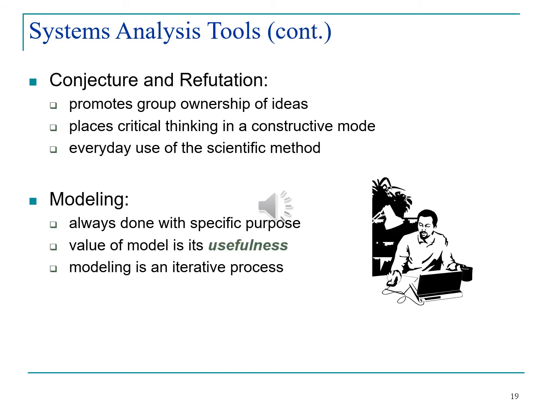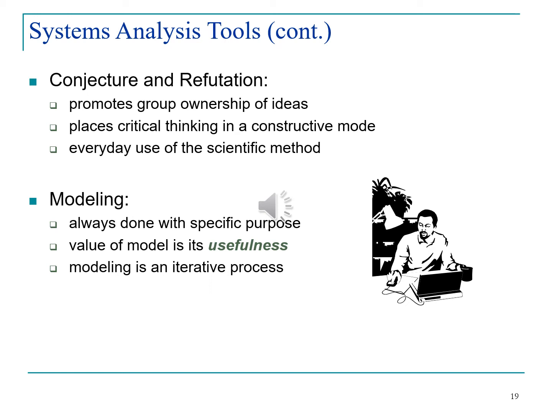In terms of system analysis tools, the continuation of the ones that we started in the previous slide, we have Conjecture and Refutation, which promotes group ownership of ideas, places critical thinking in a constructive mode, and everyday use of the scientific methods. We have to keep that in mind. And we also have the modeling, which is always done with a specific purpose.